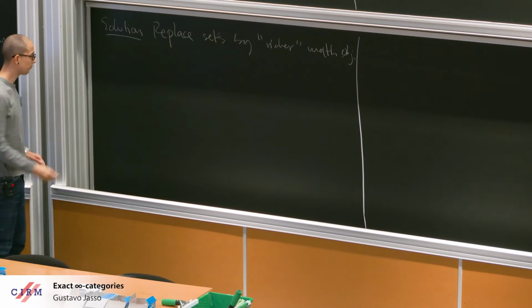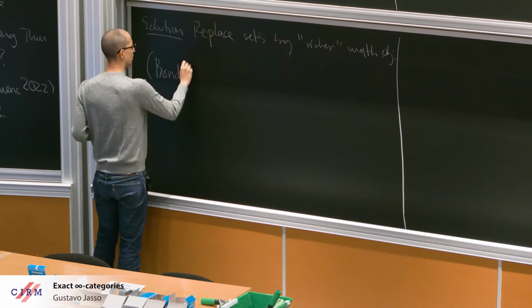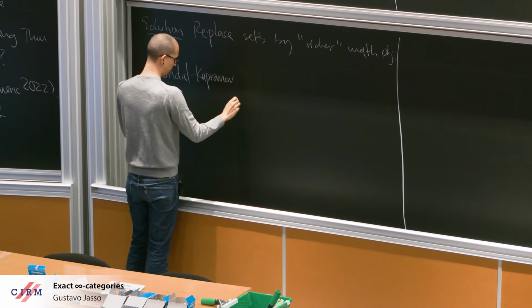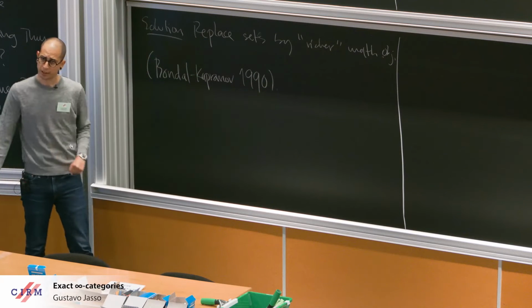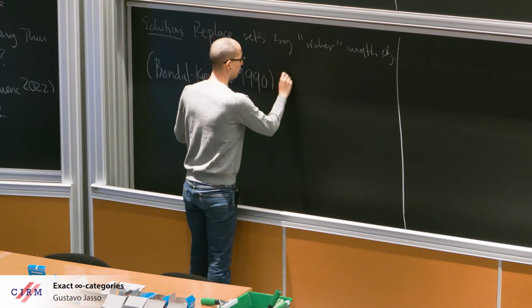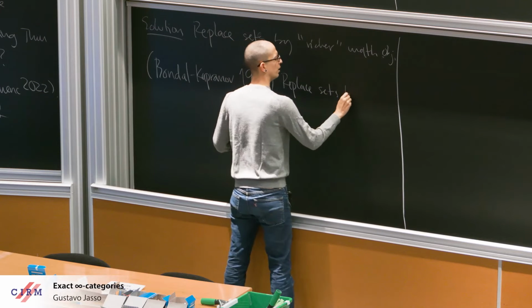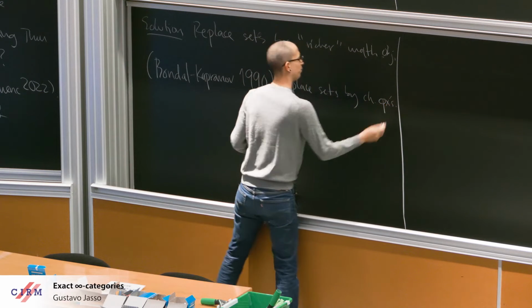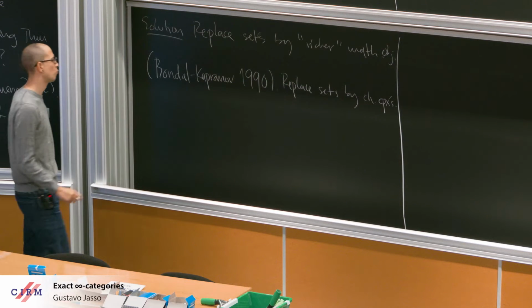For example, in the 1990s, Bondal and Kapranov proposed to use Kelly's theory of DG categories to address this issue. So replace sets by chain complexes of abelian groups or vector spaces or modules over a commutative ring or whatever.